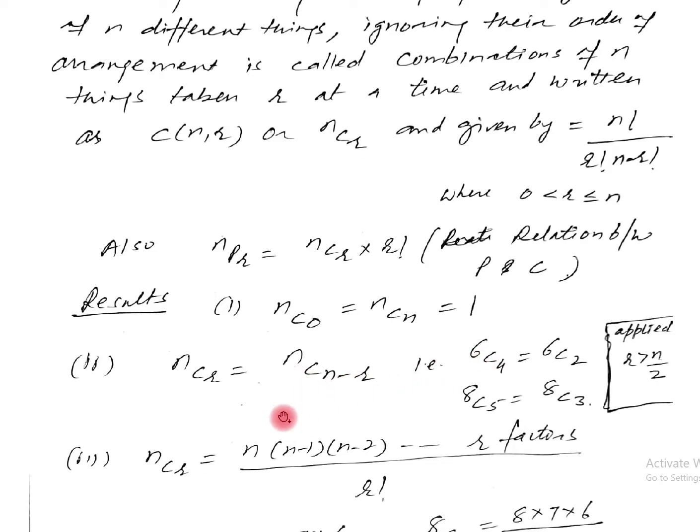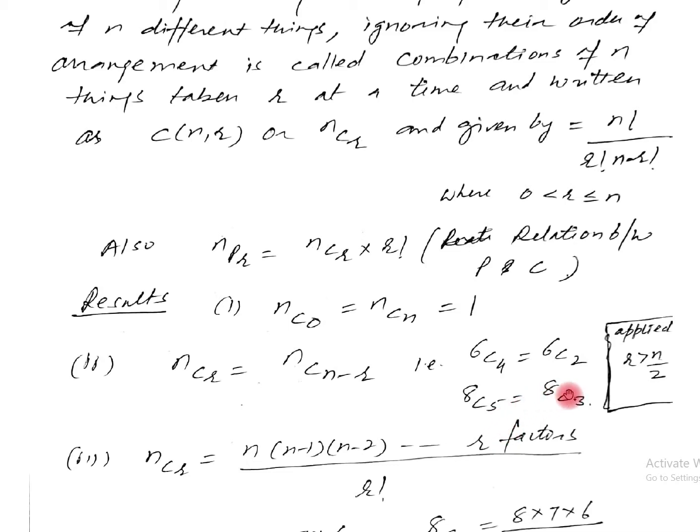The second result is a very important result: nCr equal to nC(n minus r). Here it means 6C4 equal to 6C2, because n minus r is what? 6 minus 4 equal to 2. Similarly, 8C5 can be written as 8C3.